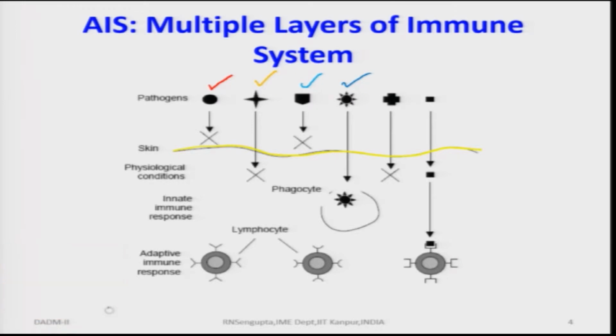Let me use the violet one. So, this square black one enters the system and I have the adaptive immune response immediately, and the dovetailing happens in such a way that the square cube sort of thing, let me consider it three dimensional, gets interlocked and they bind together permanently.